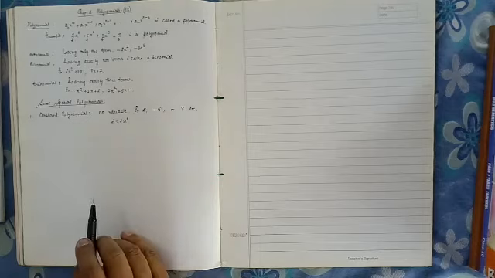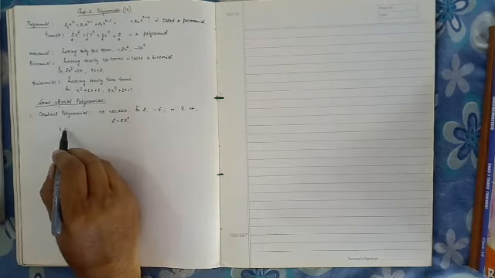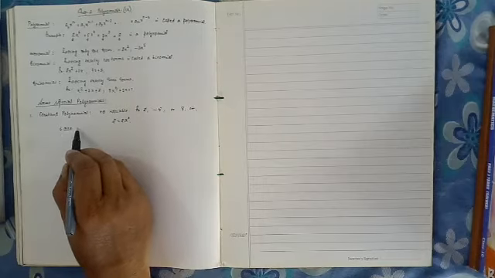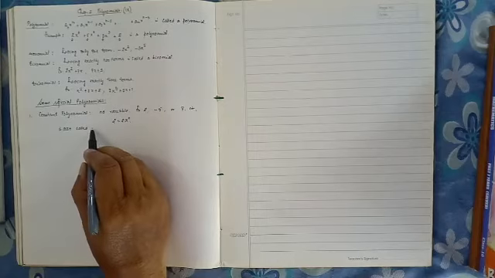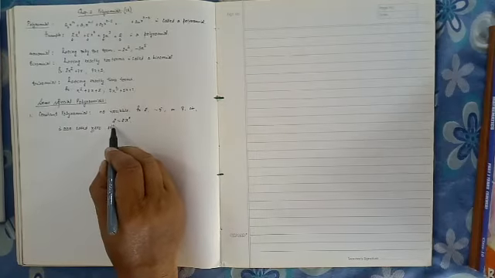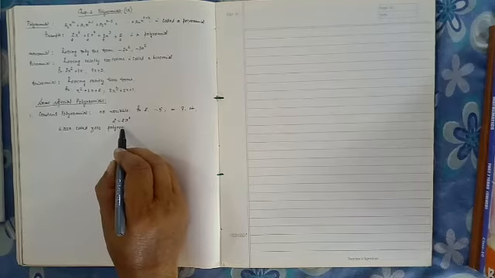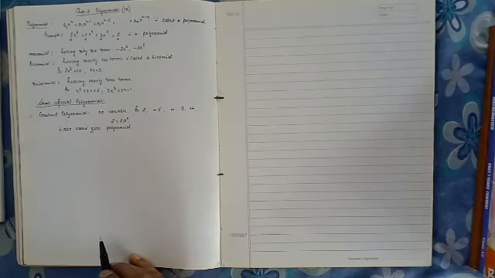That is why a constant polynomial is also called a zero polynomial.